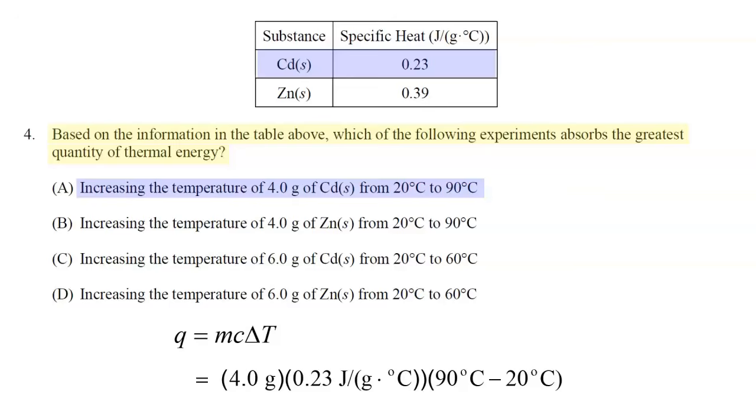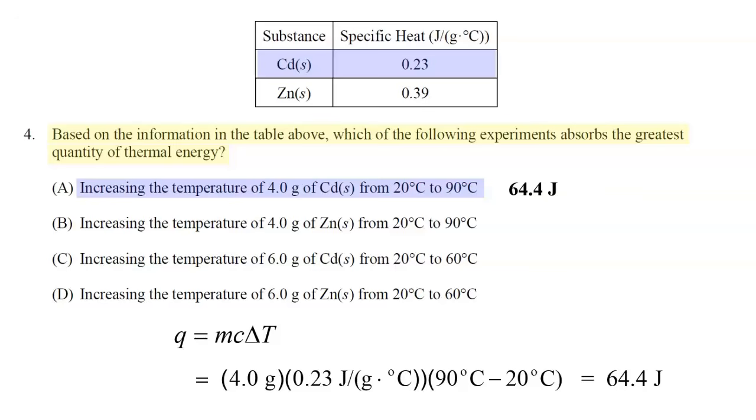The temperature is changing from 20 to 90 degrees Celsius, a difference of 70 degrees Celsius. So when you do 4 times 0.23 times 70, you get the heat in units of joules, and that would be 64.4 for choice A.